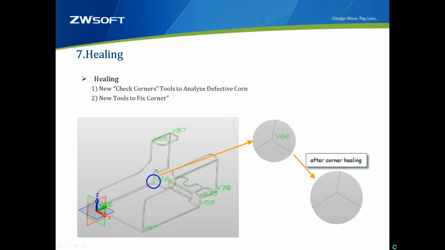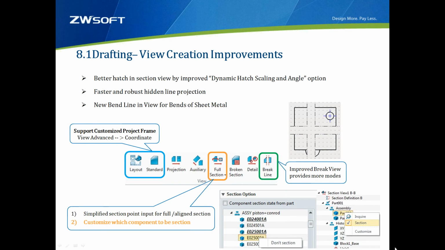Okay, next we'll see another point. In ZW3D 2014 version, drafting is a greatly improved module. It also has many other good improvements. First, when we create views, such as layout and standard views, it can support users to customize the project frame.